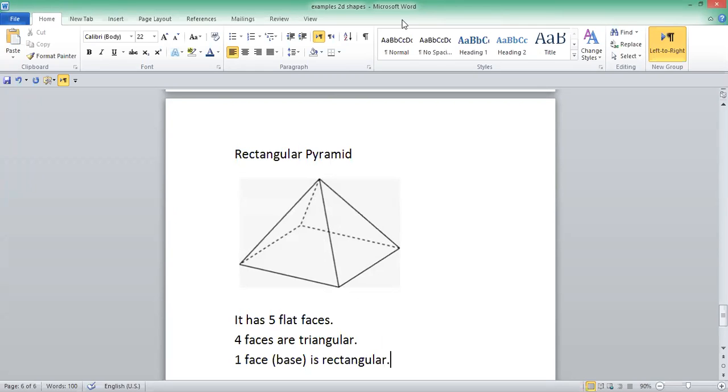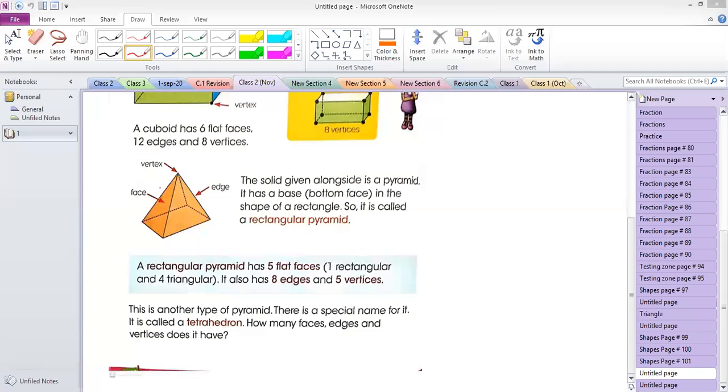I can show you in the book also. Check in your book. This is a rectangular pyramid. This is triangular. This 1, 2, 3, and 4. This is front. This is left.